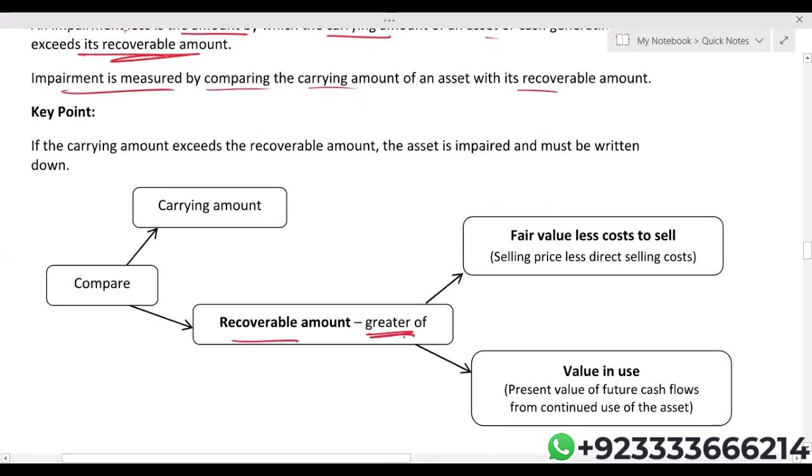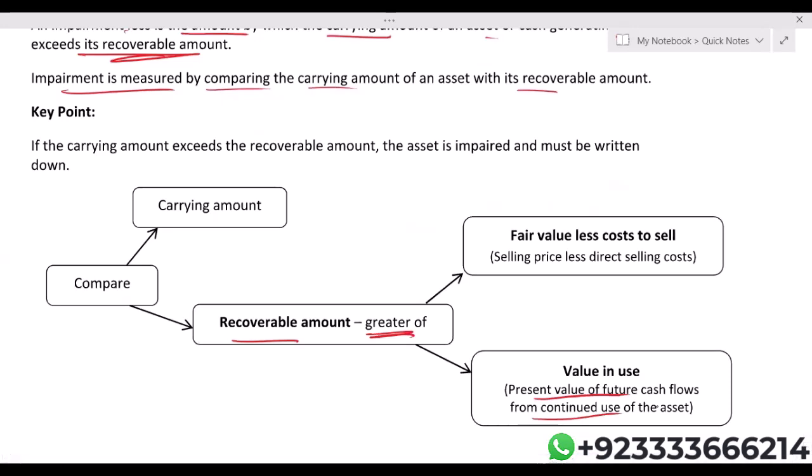Recoverable amount is the higher of fair value minus cost to sell, that is, selling price less direct selling cost, and value in use. Value in use means the present value of future cash flows from continuing use of the asset. So basically, according to IAS 36, for all those assets which fall in its scope, make sure their carrying amount does not exceed the recoverable amount.